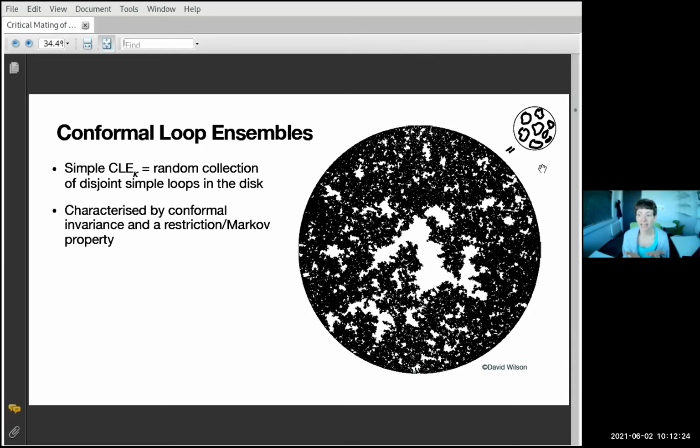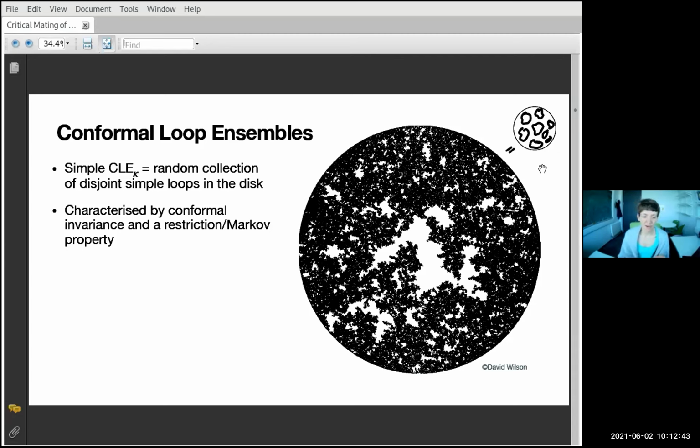And what that means in particular is that via the Riemann mapping theorem, you can define CLE inside any simply connected domain. And in particular, if you have a CLE, a picture like this with all these disjoint loops, then each CLE loop itself bounds a domain, which is a simply connected domain. So we can define CLE inside each of the CLE loops.